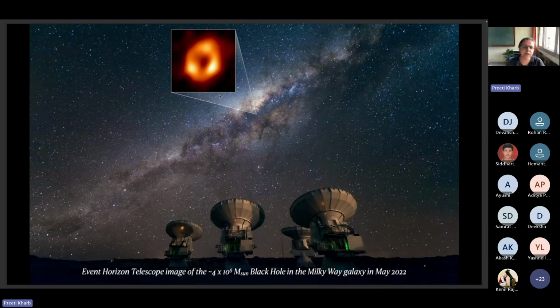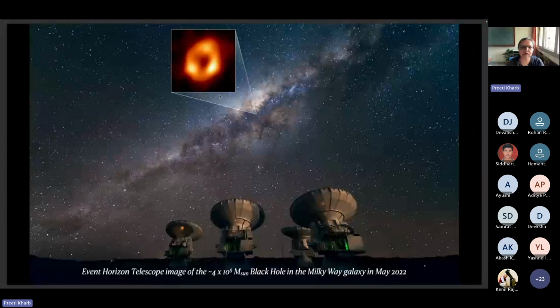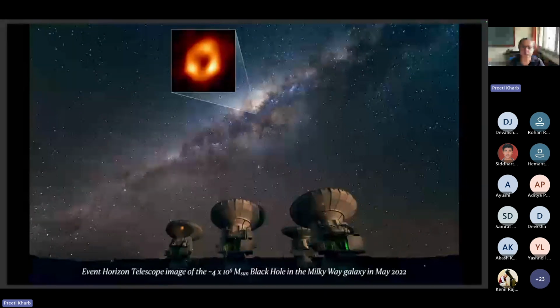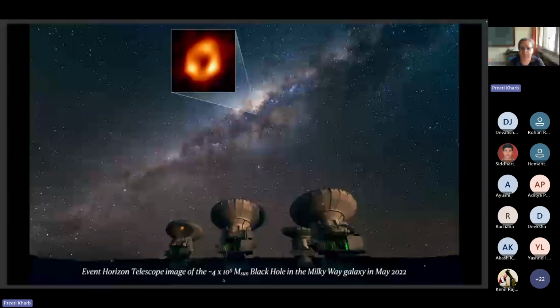And using just the Event Horizon Telescope image, and also modeling and what we understand about the black hole's event horizon radius using GR, a black hole mass has been estimated at around 4 × 10⁶ solar masses, which is very close to what Genzel and Ghez actually estimated with stellar motions. So this gives us confidence about the existence of the supermassive black hole.